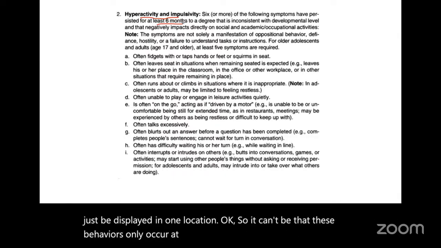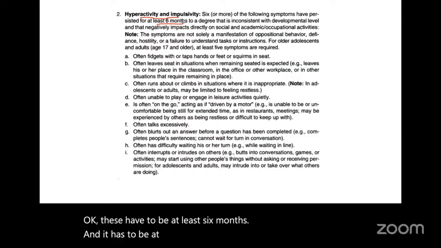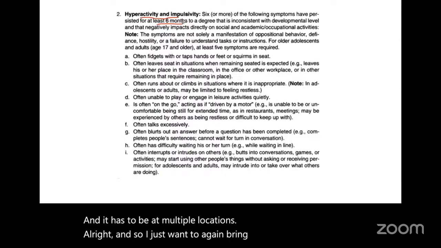So it can't be that these behaviors only occur at home, but not at school, not at your church, not at grandma and grandpa's house, not at the grocery store, okay? These have to be present for at least 6 months, and it has to be at multiple locations, all right? And so I just want to, again, bring that up, okay?